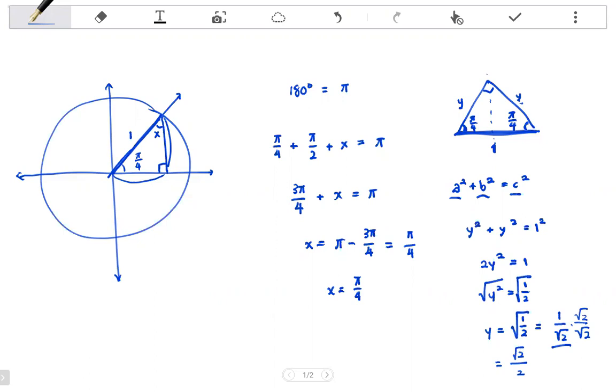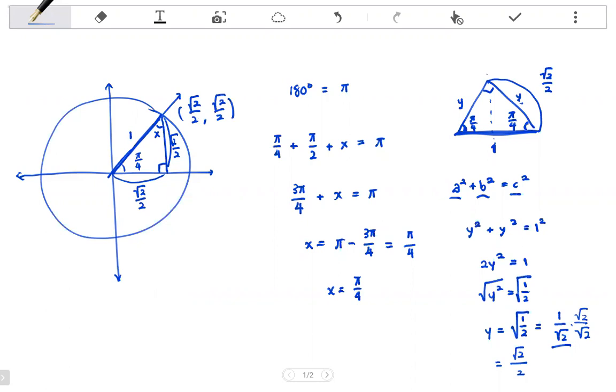Okay, so we found that this side of the right triangle is square root of 2 over 2 long. So this is square root of 2 over 2, and this is square root of 2 over 2. Or we can write it as a point, square root of 2 over 2, square root of 2 over 2.